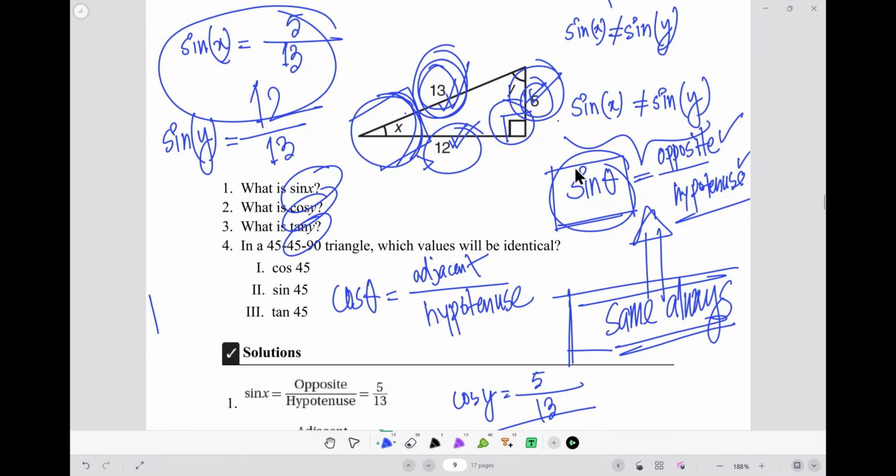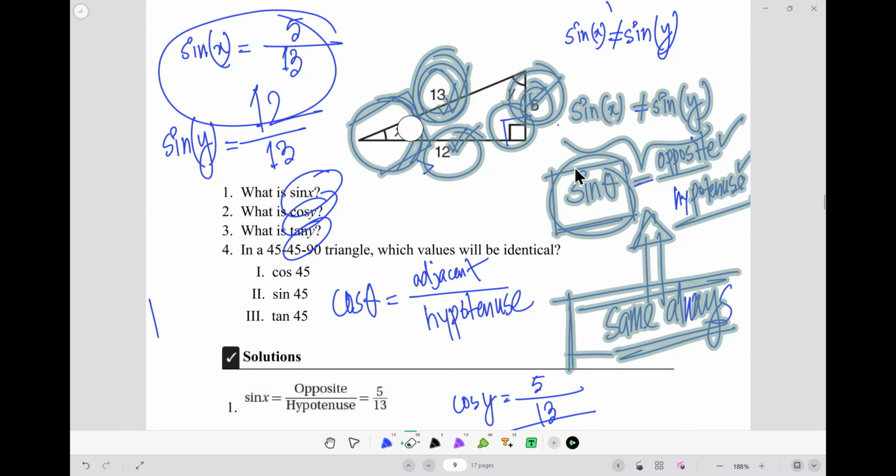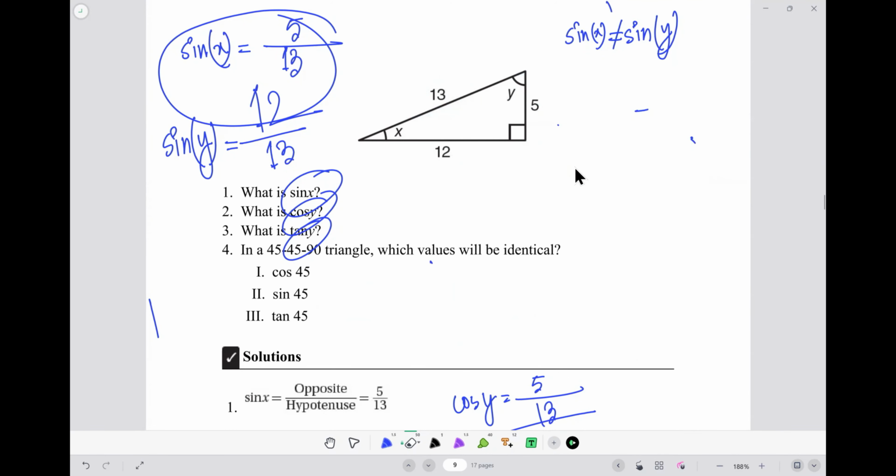In a 45, 45, 90 triangle, which values will be identical? It basically means you just need to consider such a right triangle, whose angles are 45, 45, and 90.